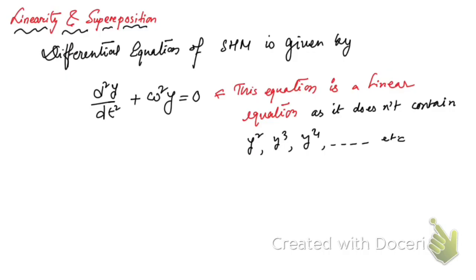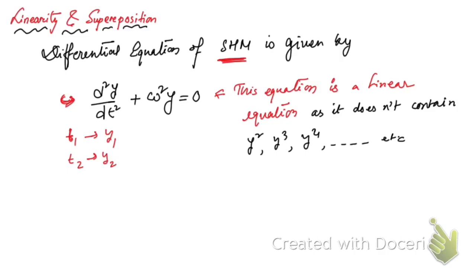Now you see, this equation is the differential equation of simple harmonic motion. At two different instants t1 and t2, there will be two different displacements.